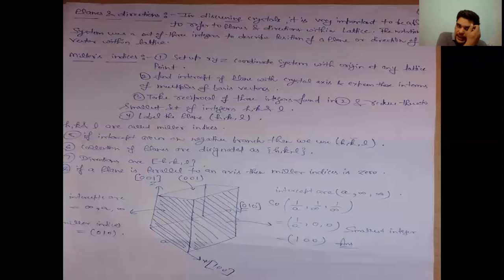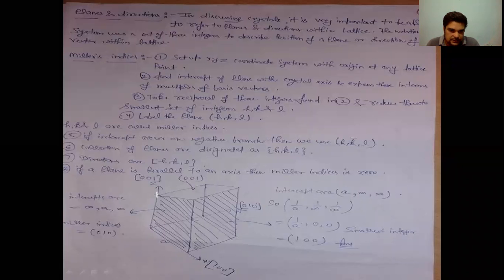Now let's come to the direction. Let us consider the direction. But before discussing that, let me ask you one question. Let us consider we have a plane like this.